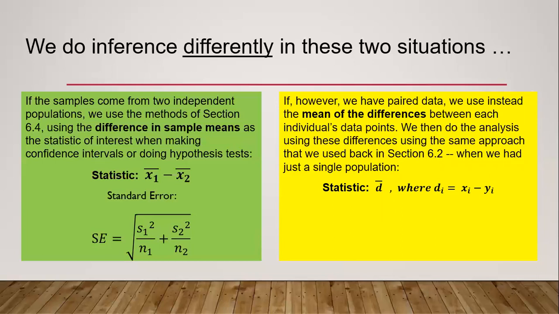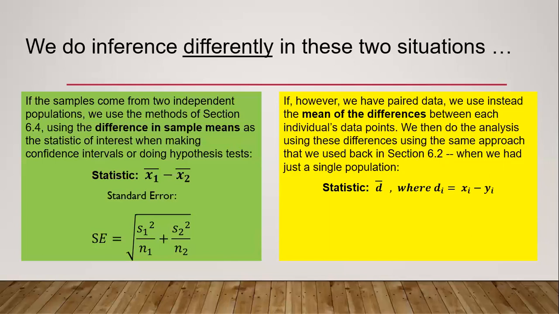Now make a note there how we've changed the order of the wording. When we have independent populations, we look at the difference in the means. But when we have only one population with paired data, rather than the difference in the means, we look at the mean of the differences.